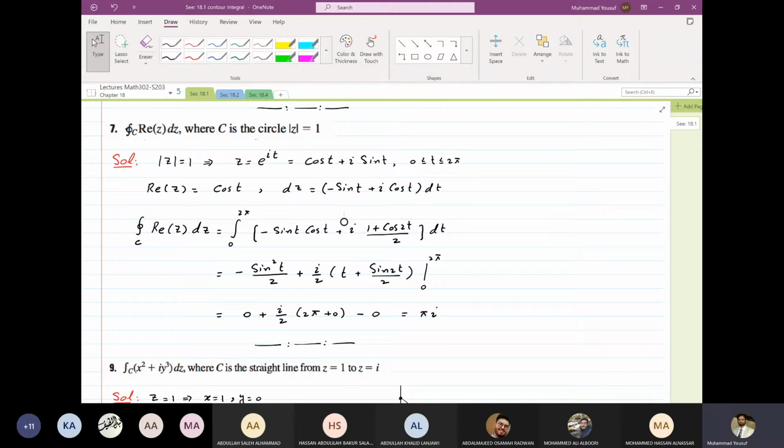Now the real part of z, with z equal to cosine t plus i sine t, is only cosine t.